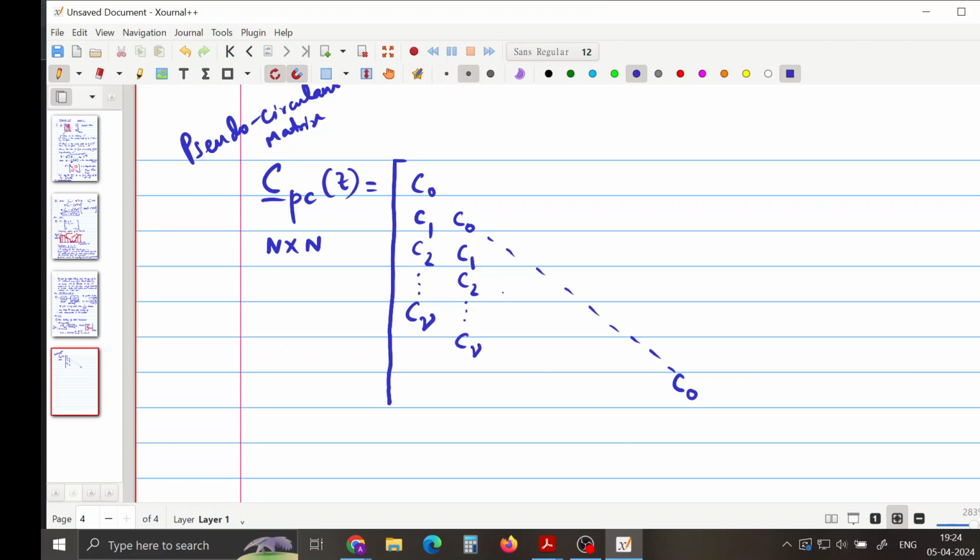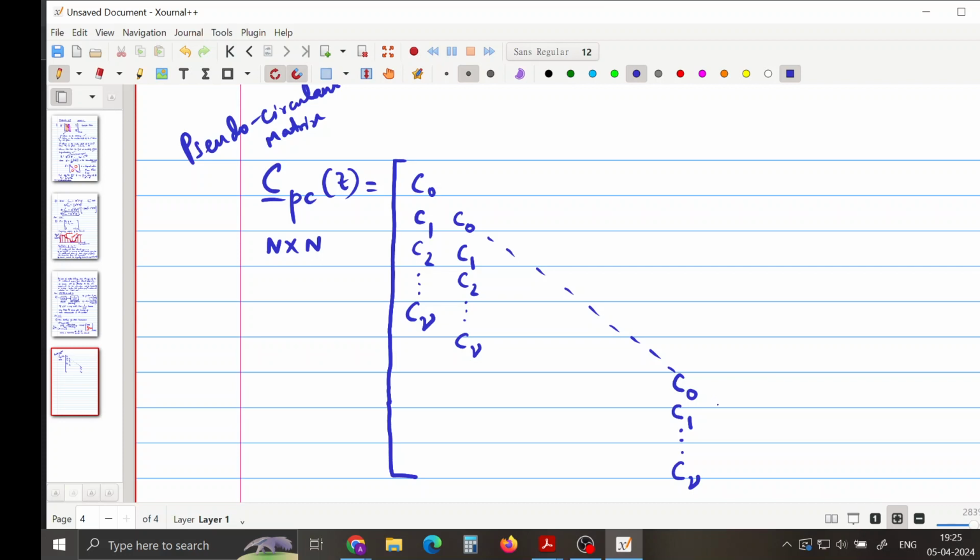And this C1 also appears along this particular diagonal always. And so this goes till C mu. That's the last entry.